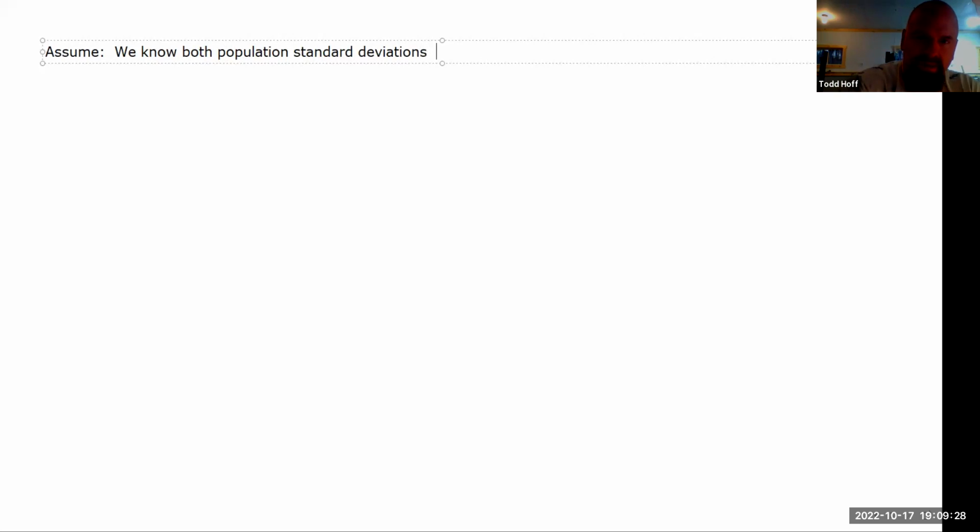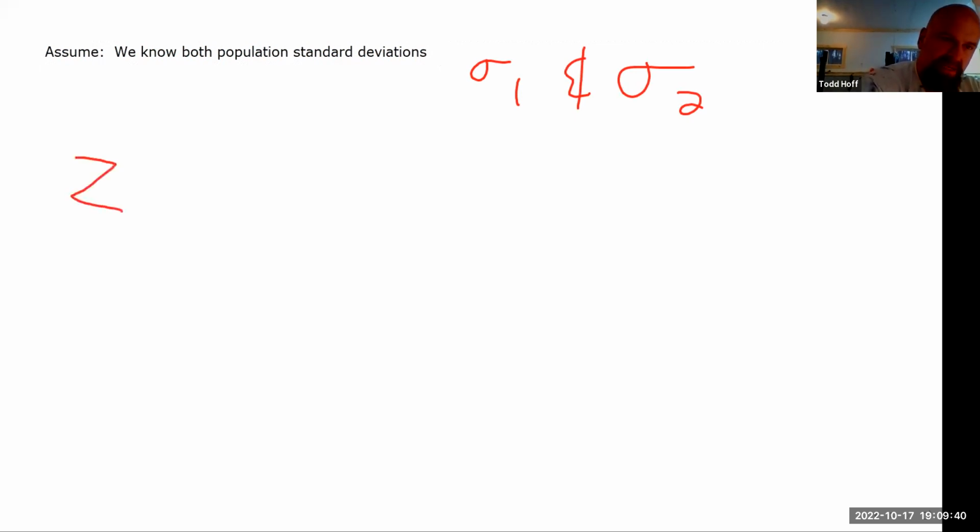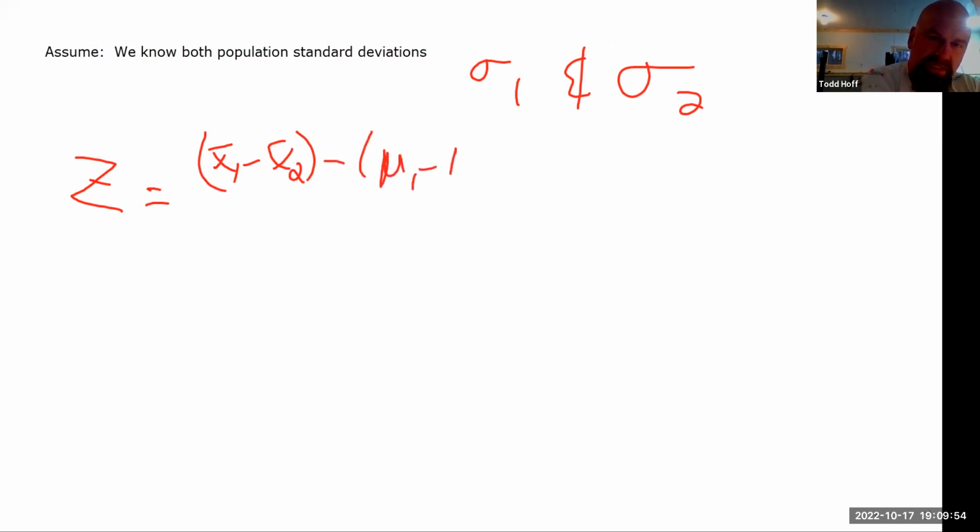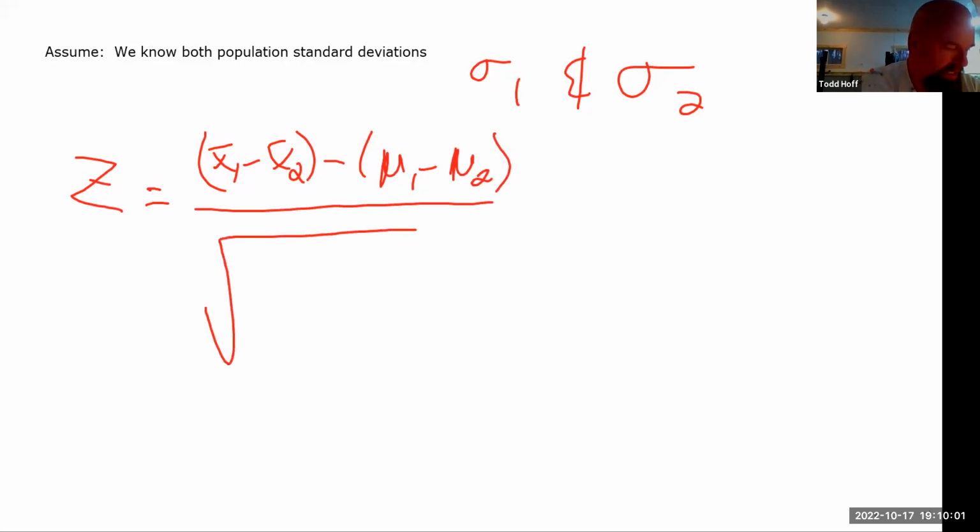So that is sigma 1 and sigma 2. If that's the case, then this is a z-test, and our test statistic z is going to equal the difference in our sample means minus the hypothesized difference in our population means divided by this standard error.